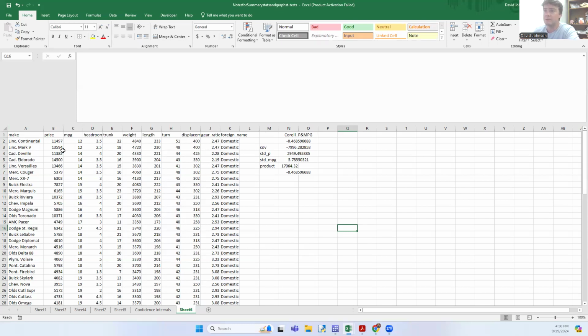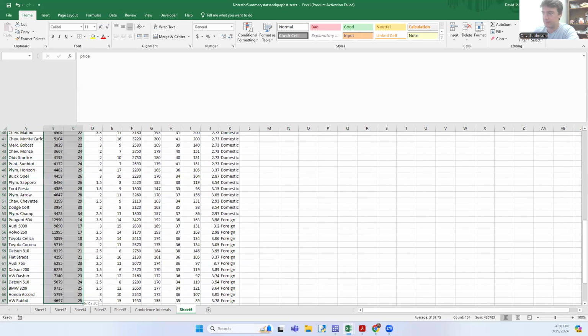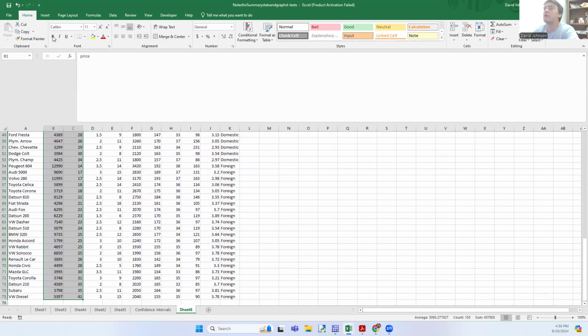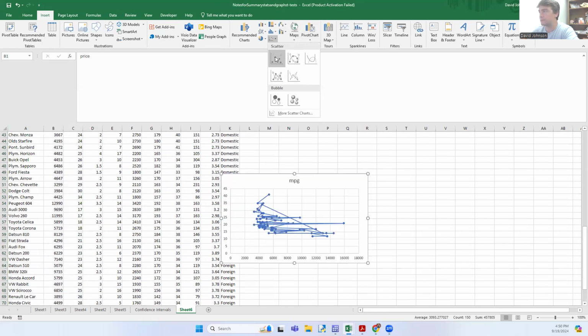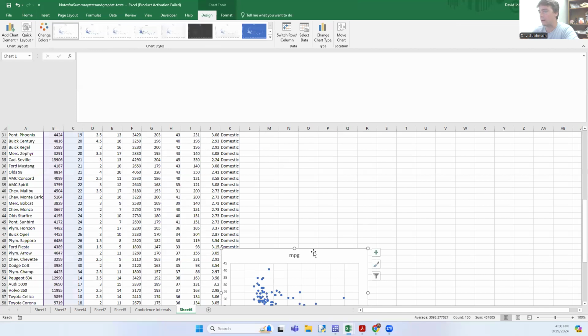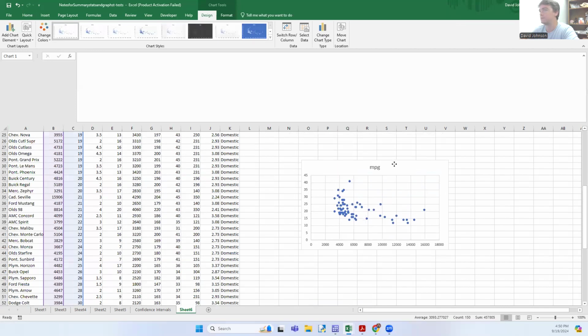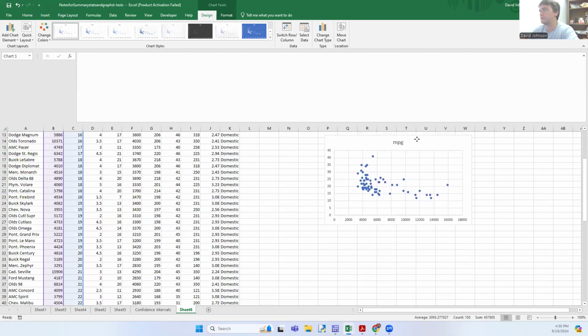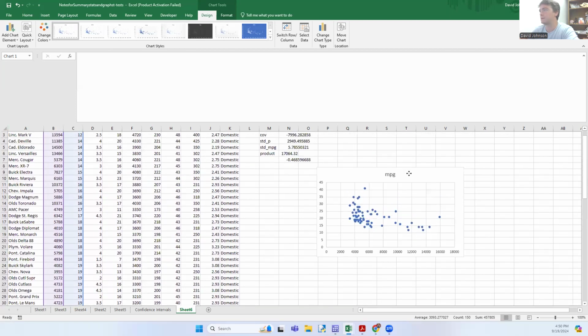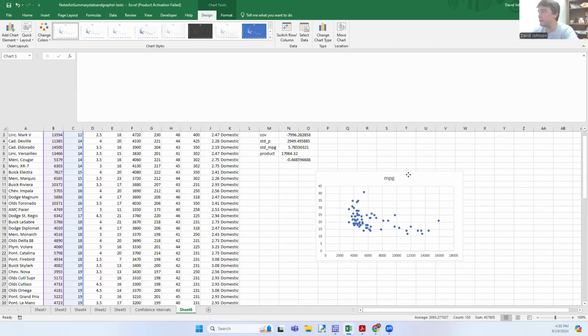All right, so to estimate one, you're going to highlight your two variables of interest, and then you're going to create a scatter plot. There we go. All right, and so what we have here is our price on the x-axis, and our miles per gallon on the y-axis.